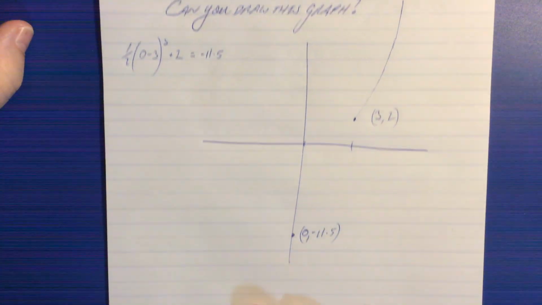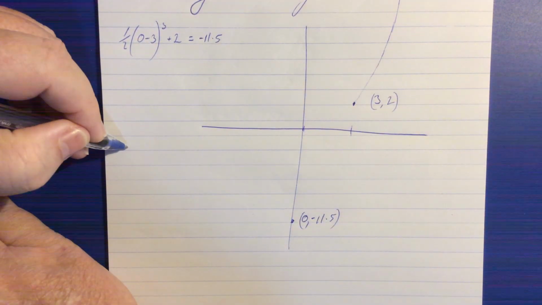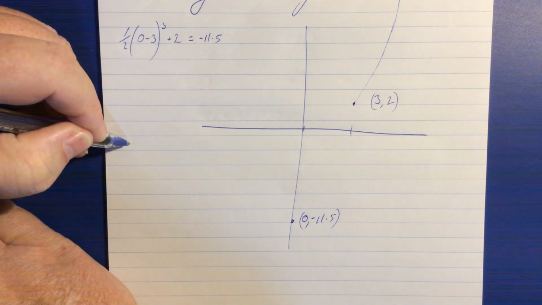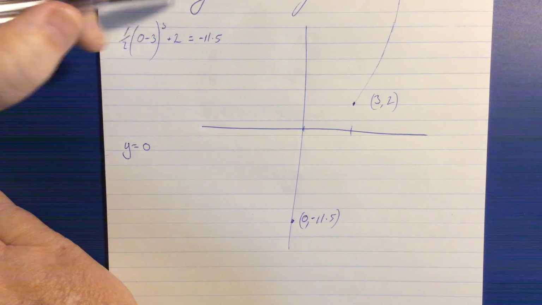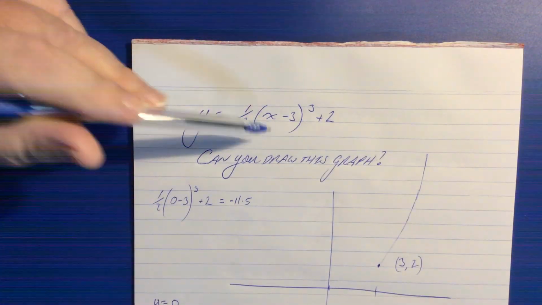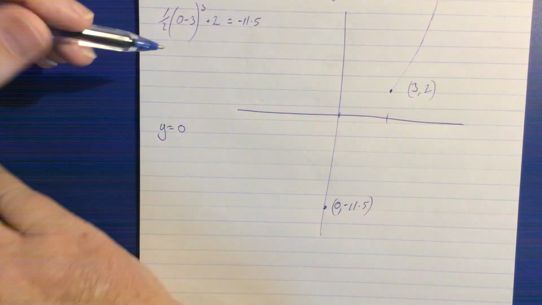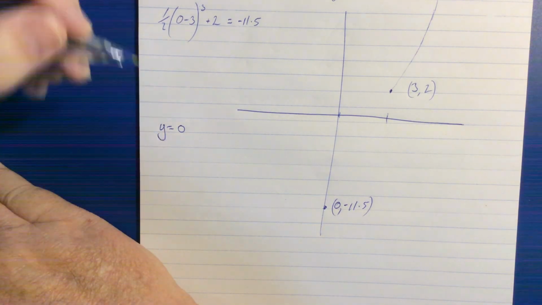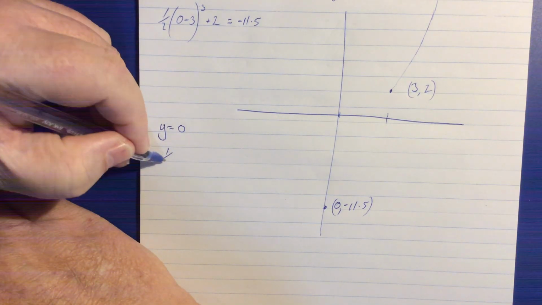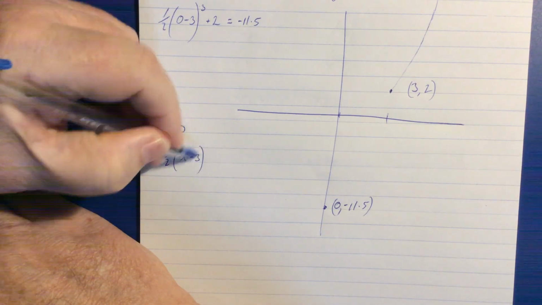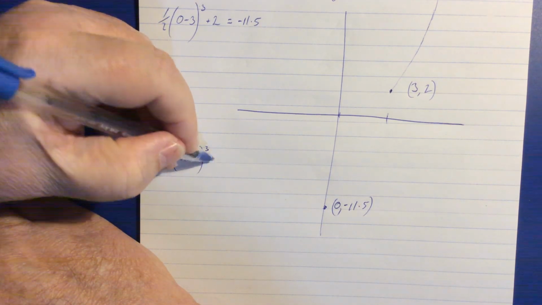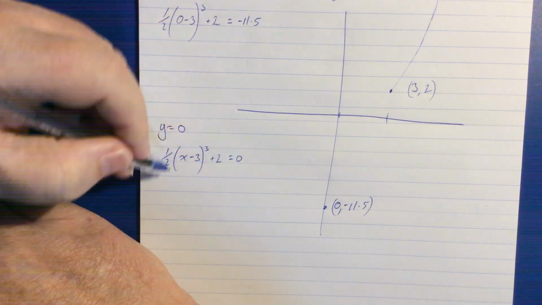So let's go to work on that. Now there's a little bit more involved in this. What we're going to do is make y equal 0 in this equation up here. So we're replacing y with 0. So we have 1/2 (x minus 3) all cubed plus 2 equals 0.